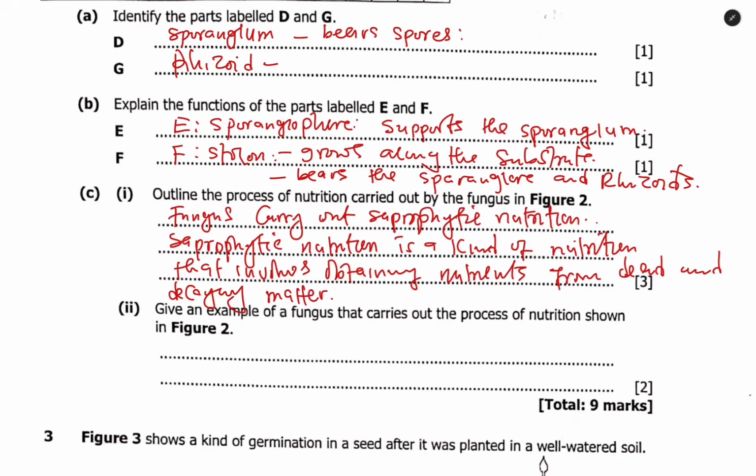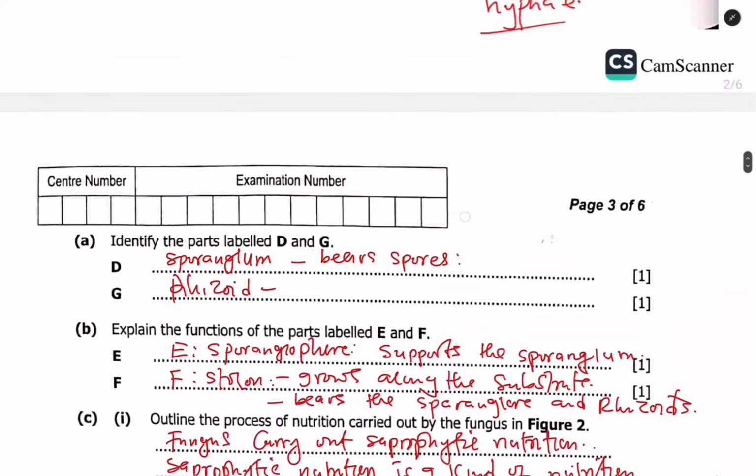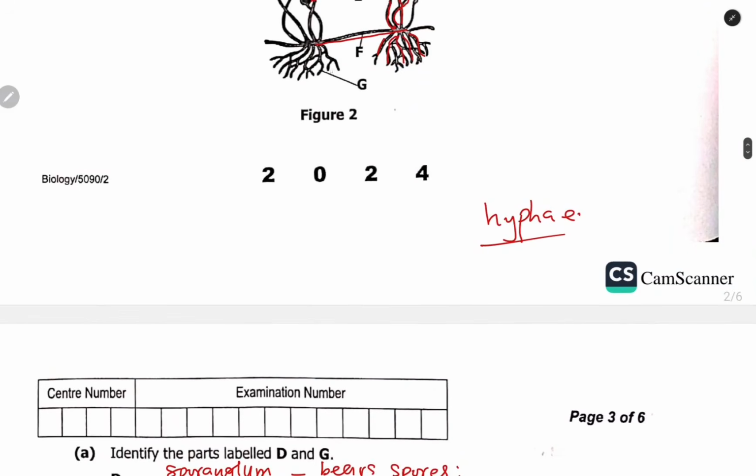And if you're asked to describe or outline how saprophytic nutrition is brought about, usually in this case the saprophyte, the fungus, releases extracellular enzymes at the tip of the rhizoid.